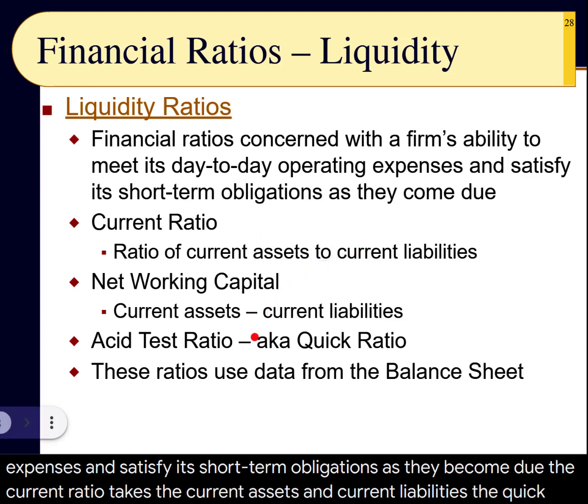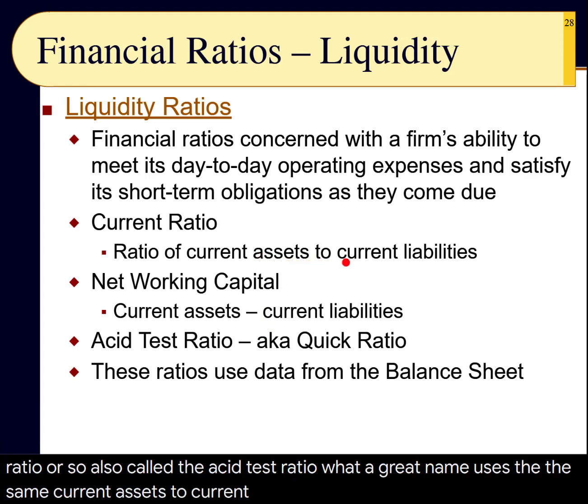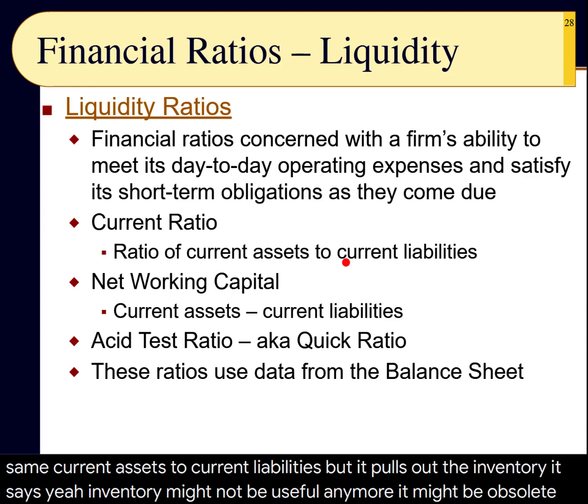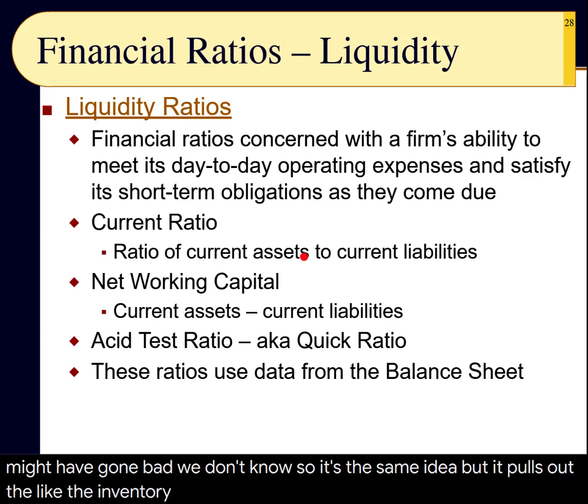The quick ratio, also called the acid test ratio, what a great name, uses the same current assets to current liabilities, but it pulls out the inventory. It says, the inventory might not be useful anymore. It might be obsolete. It might have gone bad. We don't know. So it's the same idea, but it pulls out the inventory, as we'll see.